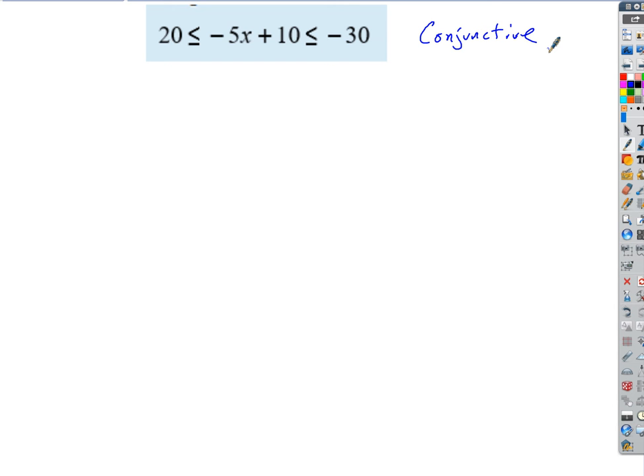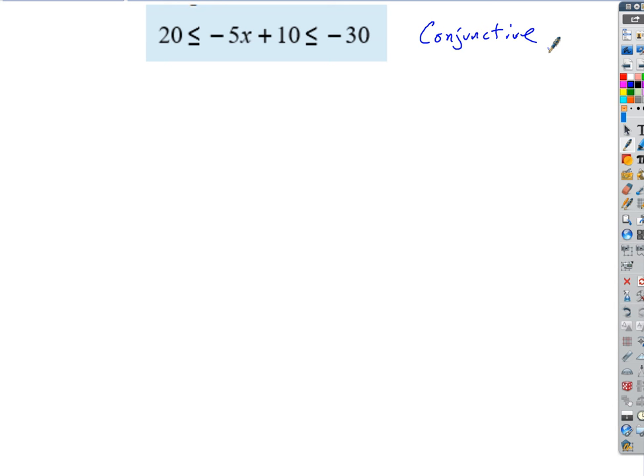Anybody want to see if we can get it right on the head here? Okay, go ahead. Negative 5x plus 10 is less than or equal to 30 and greater than or equal to 20. Okay, that's the other way around.